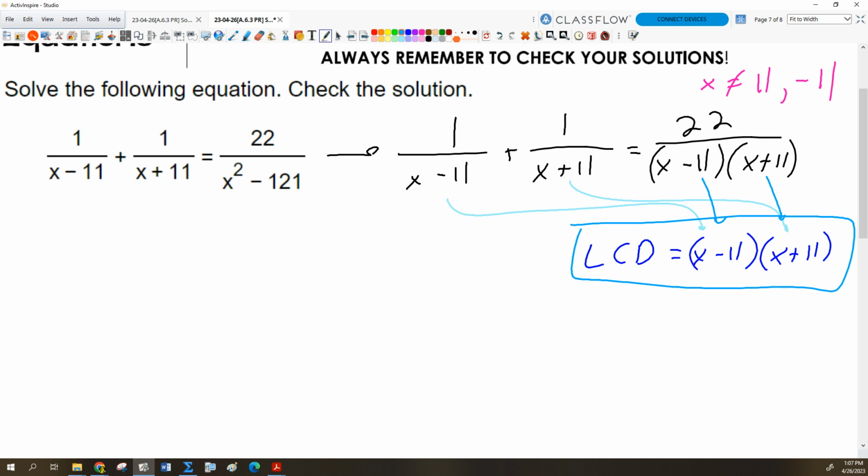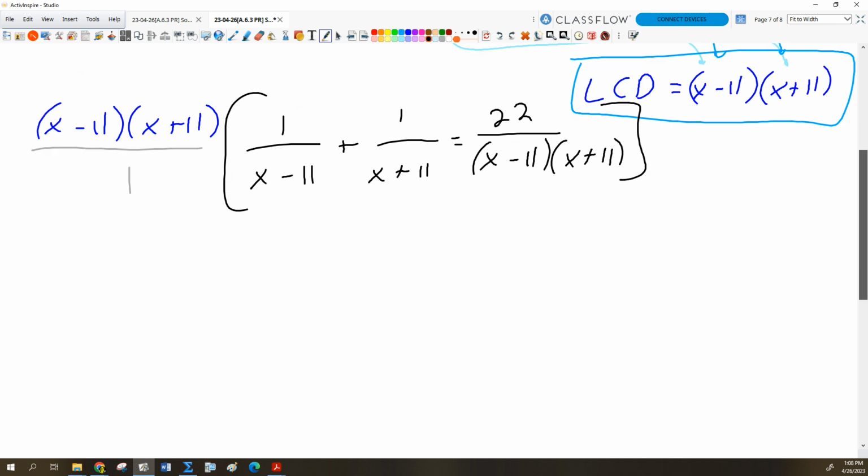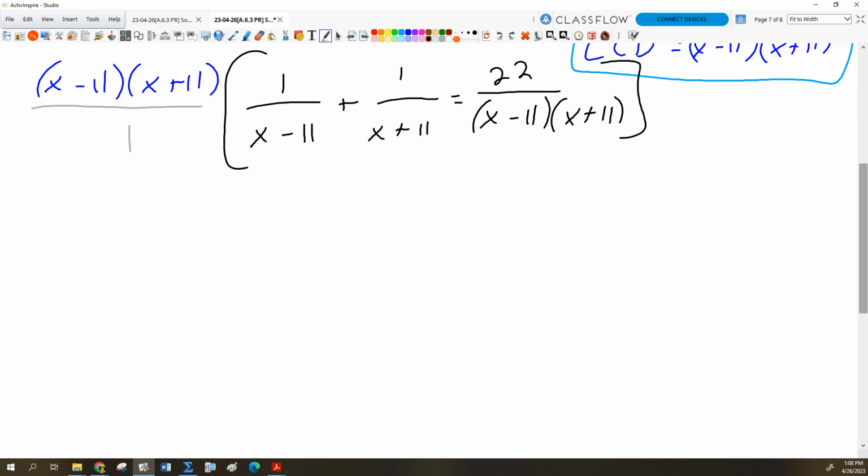So then all I've got to do is distribute that through my whole equation, right? So I'm going to multiply x minus 11 times x plus 11 divided by 1 times the entire thing. Right? And if I distribute that through, look what do I get in the first denominator then?